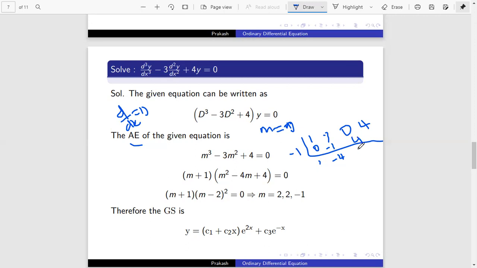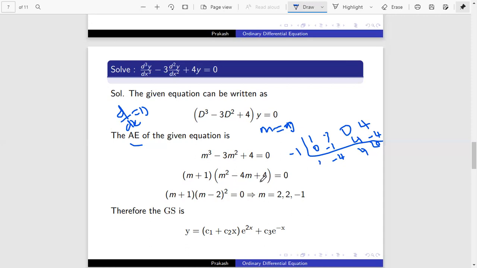Just add it, it will be 0. So here minus 1 is one root. We can write the factor: m plus 1 is one factor. After that, we can write the remaining terms in the quadratic form, that is 1 into m square minus 4m plus 4 equal to 0.